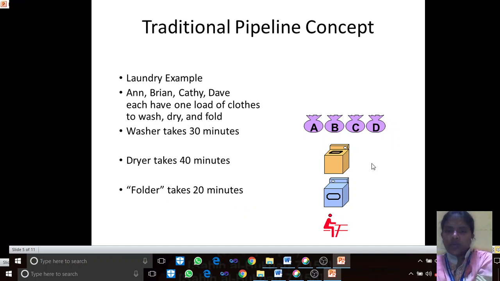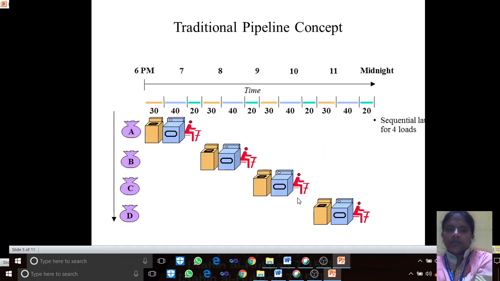The washer washes the clothes, the dryer dries them, and the folder folds all the clothes processed in the previous two machines. These are the different phases of the laundry.